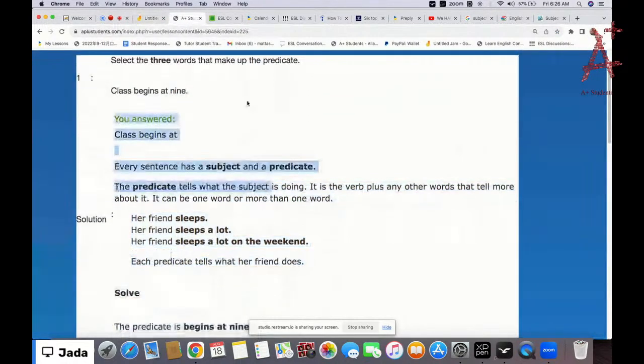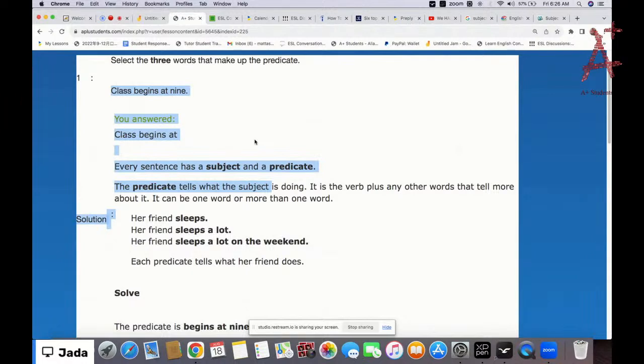And then we're going to see some examples. Select the three words that make up the predicate. Class begins at 9. What is the subject?